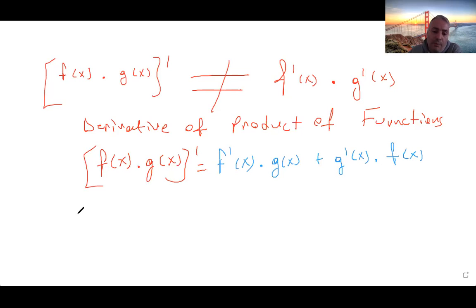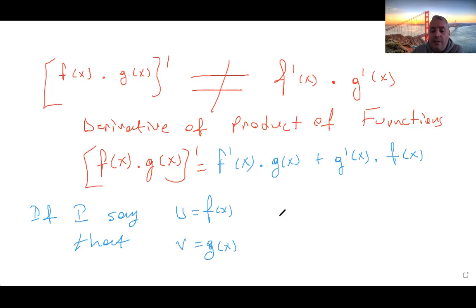So if I say that u is equal to f of x and v is equal to g of x, what will be u times v derivative? I mean f of x times g of x, same thing, just this is u prime times v plus v prime times u.